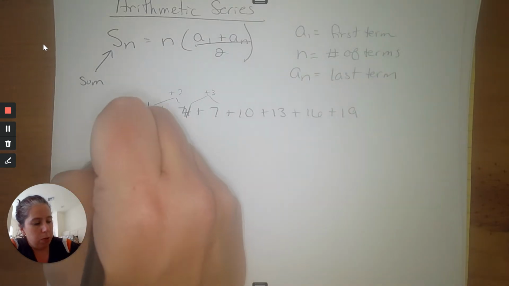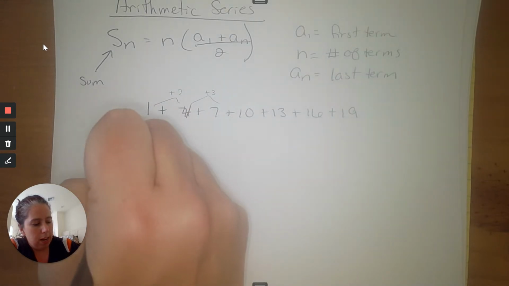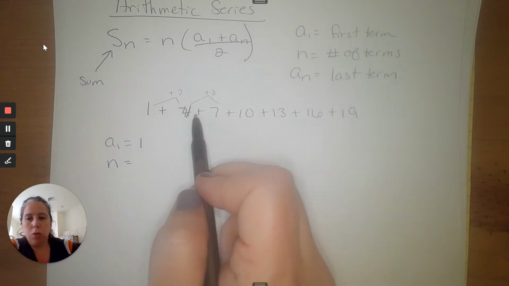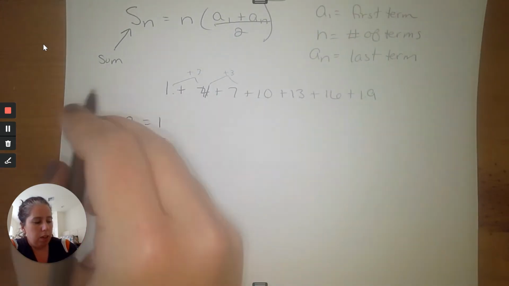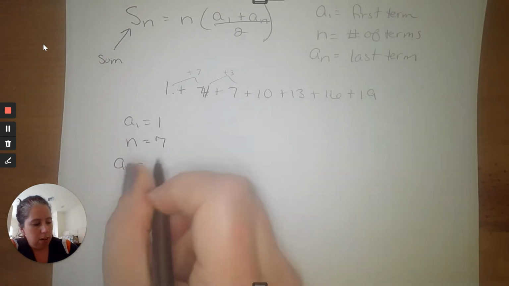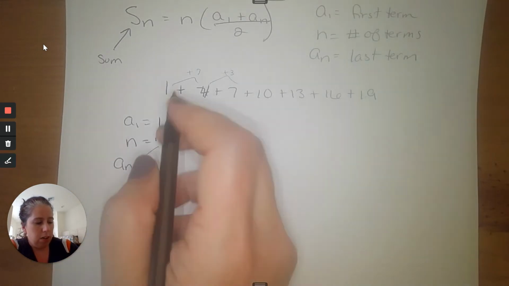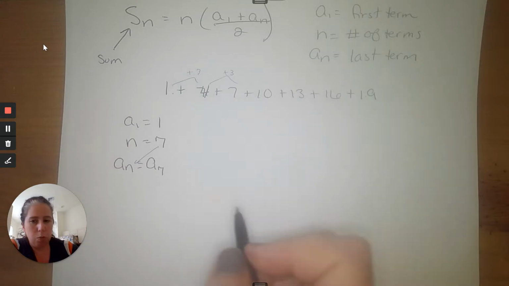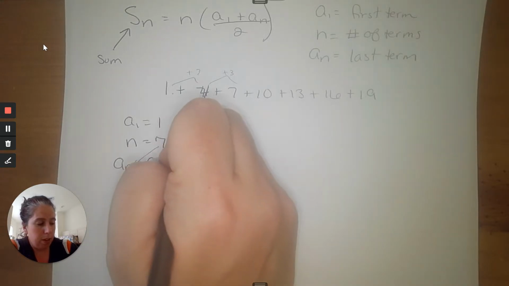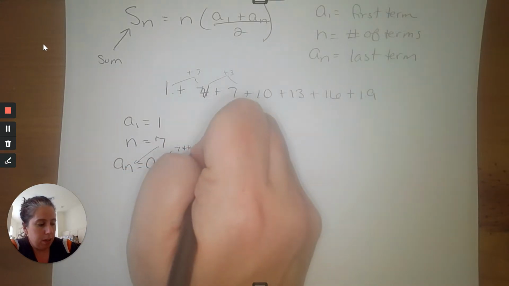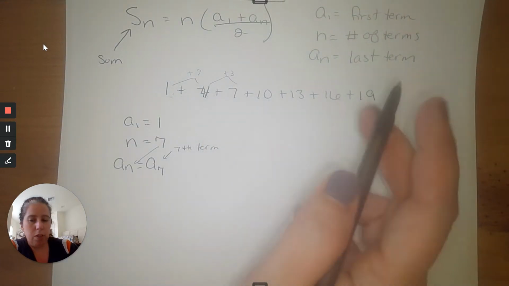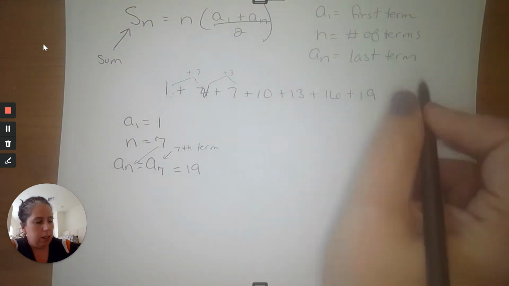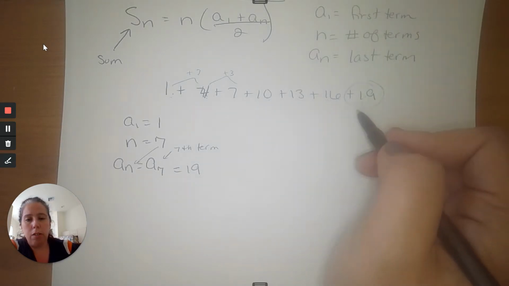So you'd need a1, which is 1. n would be the number of terms here: 1, 2, 3, 4, 5, 6, 7. So that'd be 7. Now, an would actually be a7, the 7th term, which would give me 19, which is really just the last term, right?